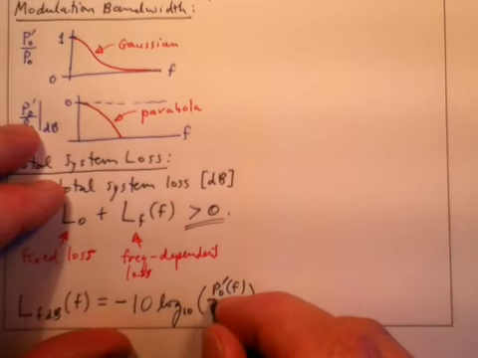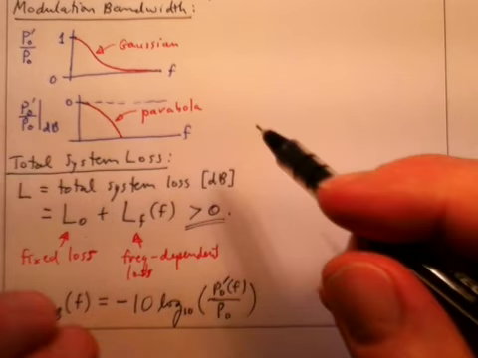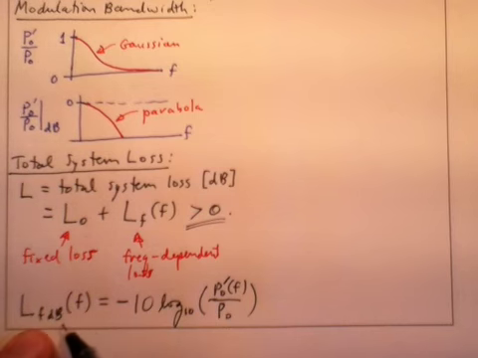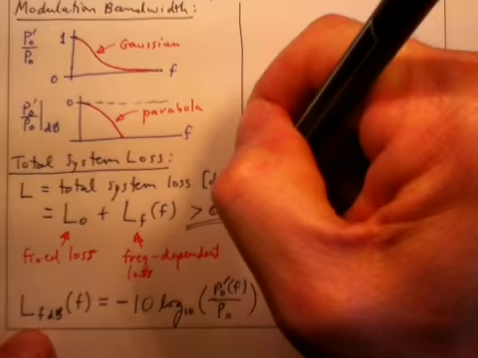Okay, so I've taken this ratio P naught prime over P naught and converted it into a positive decibel loss using this equation.